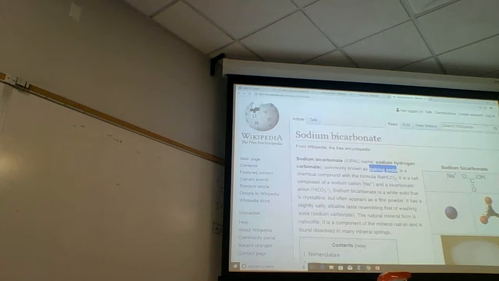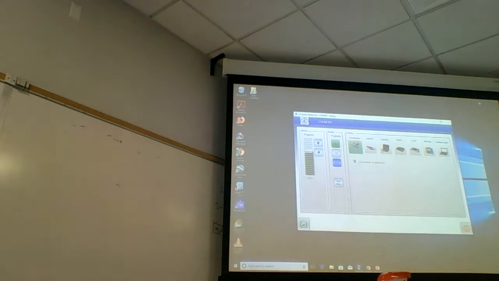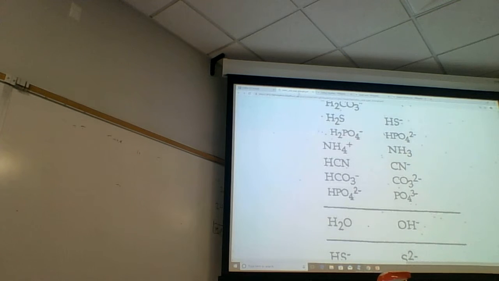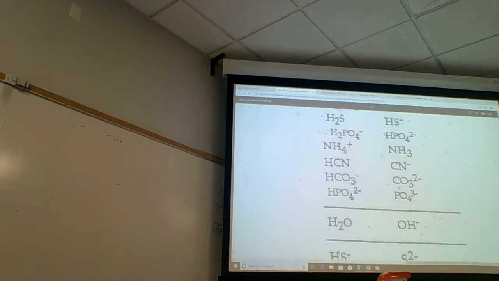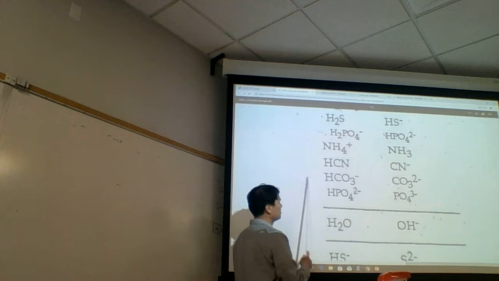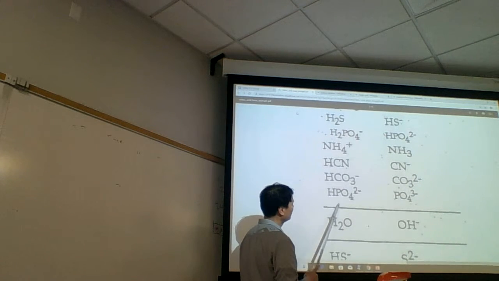And so this bicarbonate, the old name, is much more common than the new name. The new name is sodium hydrogen carbonate, versus sodium bicarbonate. Sodium bicarbonate is much more common. Well, this is the bicarbonate part of sodium bicarbonate. So it's baking soda, sodium salt.